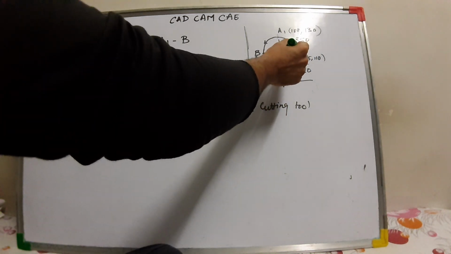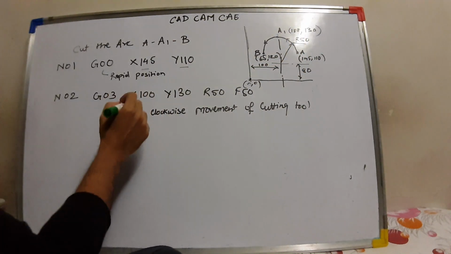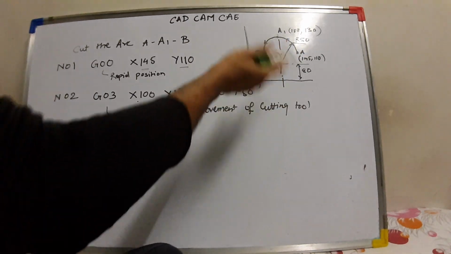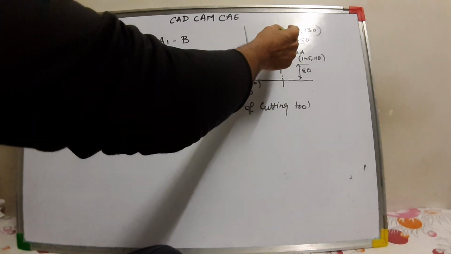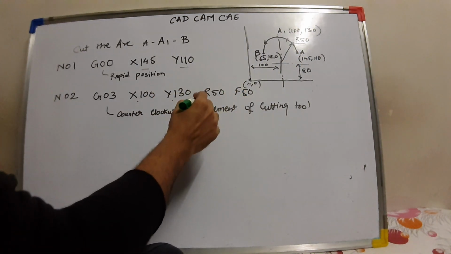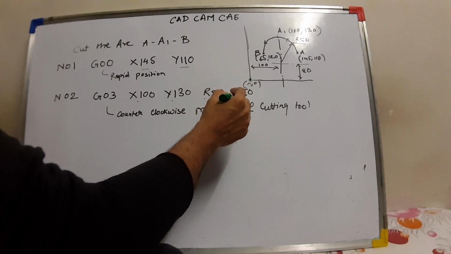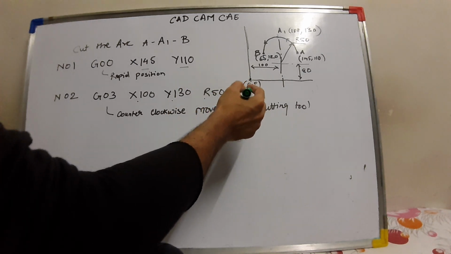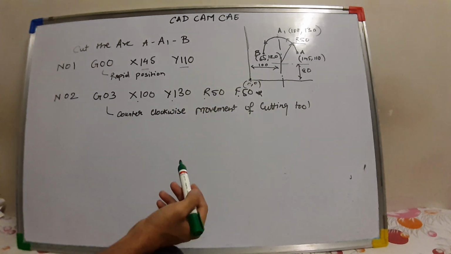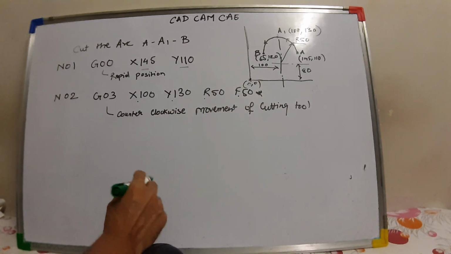So your tool will move from A to A dash, at X100 Y130, in an anti-clockwise direction, taking the radius as 50 and the cutting feed as 50. This depends on you; if nothing is given in the question, you can take it as 50. I hope this is clear.